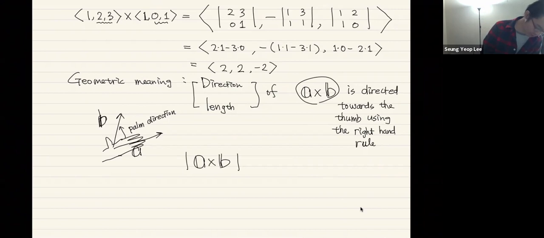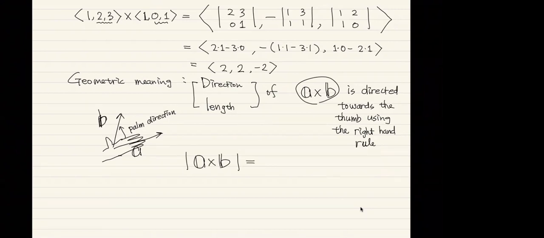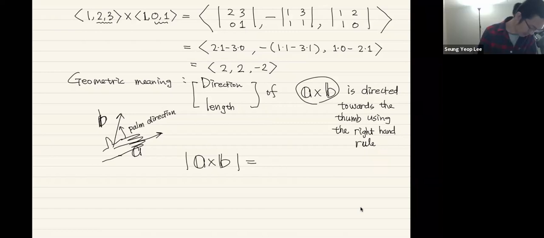So the length of A cross B is given by, I like this fact better than the formula, the area of the parallelogram formed by the 2 vectors.